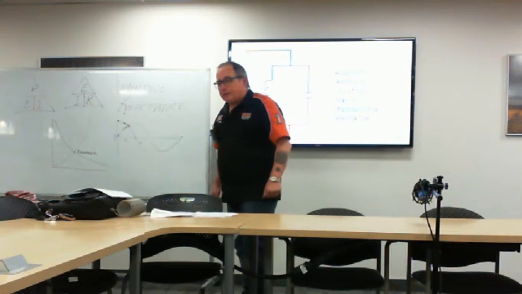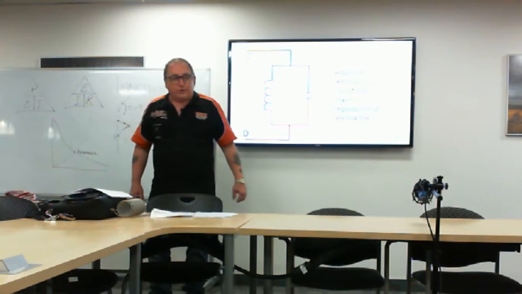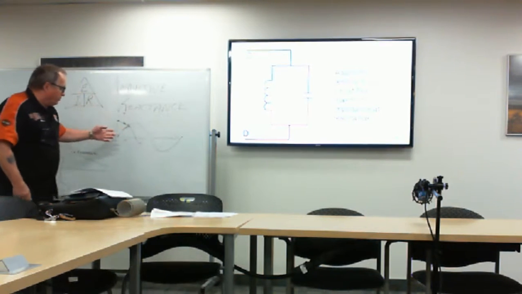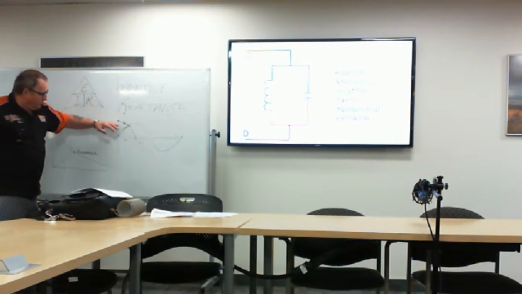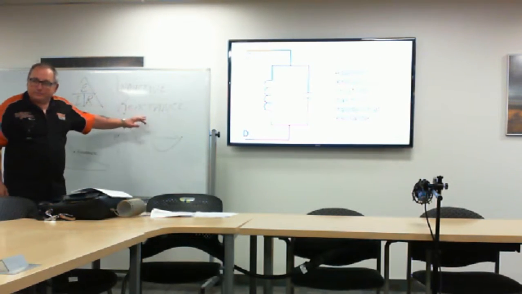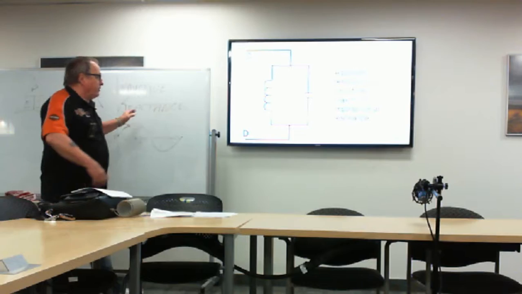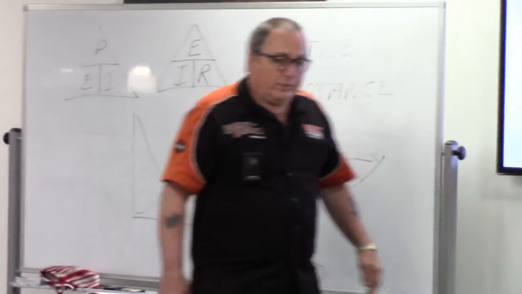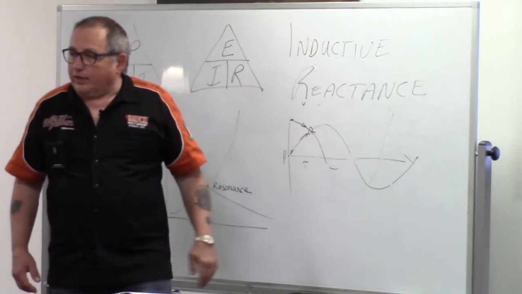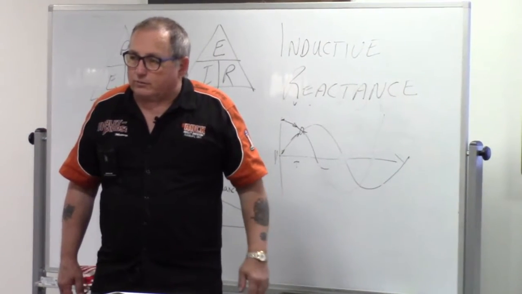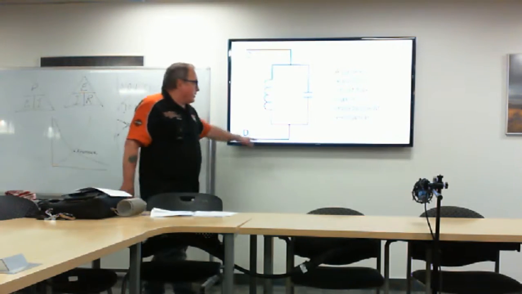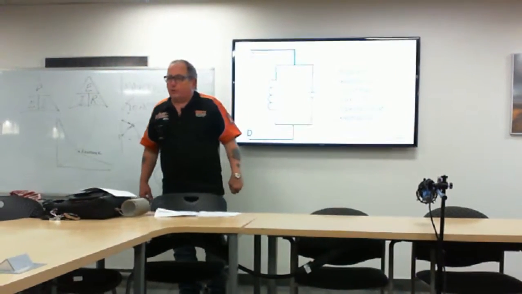What happens in a capacitor? The current leads the voltage. It's the same relationship, only this would be the voltage and this would be the current in a capacitor. If I put these two together, I can move that so that it's in phase with that, and that's called resonance. Once they're in resonance, the maximum amount of current will flow.